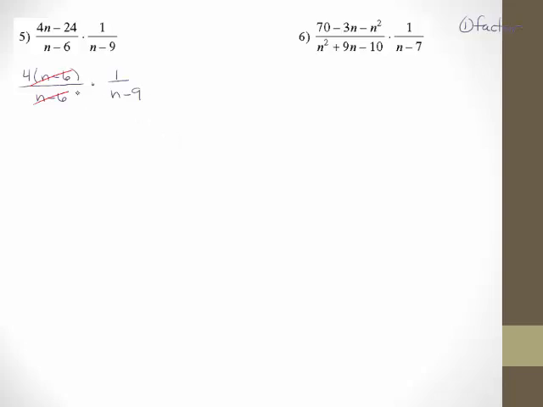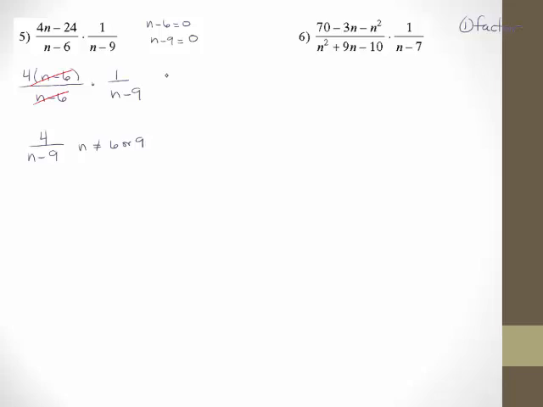Nothing else will cancel. 4 times 1 is 4. Nothing, and I have n minus 9. Now, I still need to list my excluded values, so I have to solve these two equations, and I get n cannot equal 6 or 9.